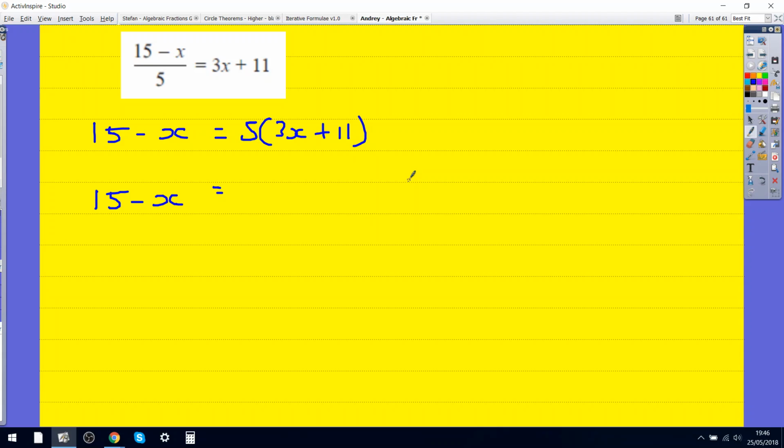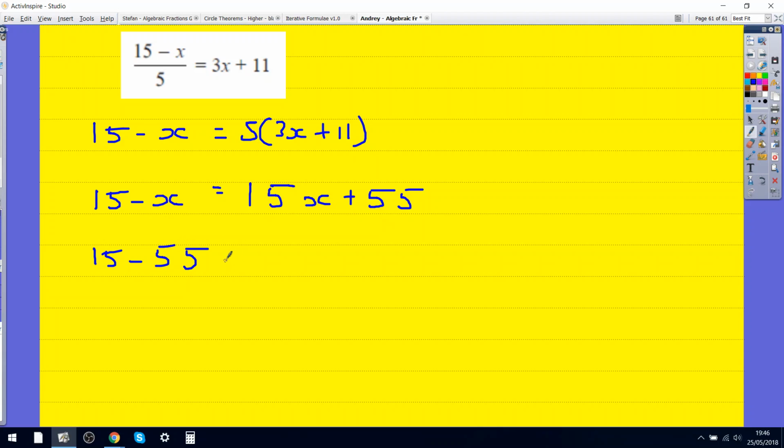I should probably expand the bracket, shouldn't I? Yeah. And then that would be 15 minus x equals 15x plus 55. Mm-hmm. And then if I swap the minus x with the plus 55, it'd be 15 minus 55 equals 15x plus x.